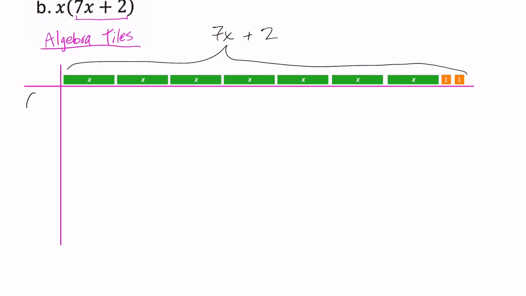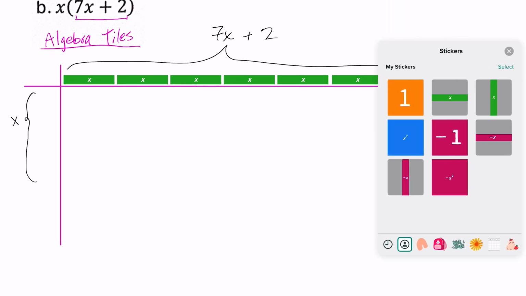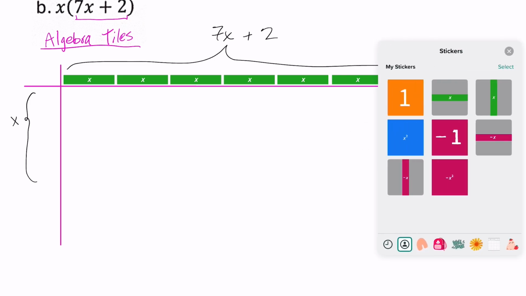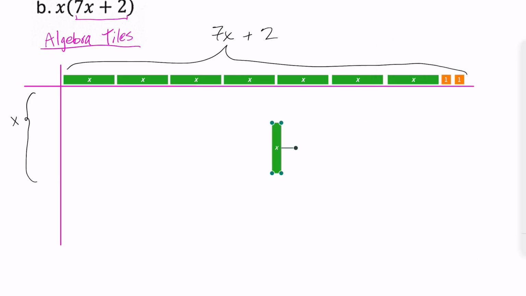And over here, I'm just going to have an x. So this is where I reach into my algebra tile kit right here, and I grab an x. Let me grab that again. So I just go here, grab an x. Okay, and then I'm going to pull that over here.